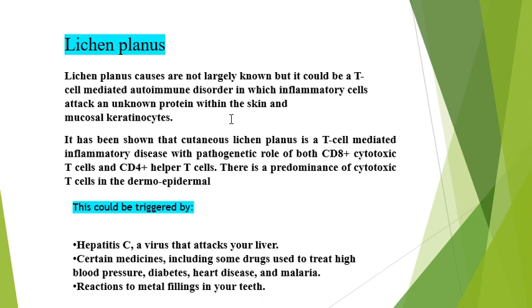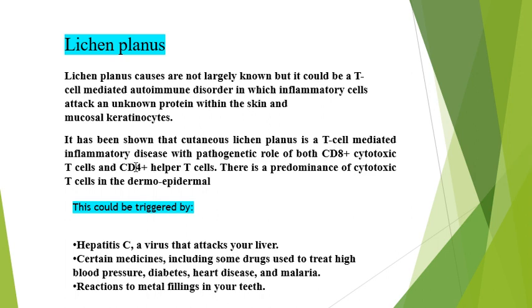So it has been shown that cutaneous lichen planus is a T cell mediated inflammatory disease with a pathogenetic role of both CD8 cytotoxic T cells and CD4. CD8 cells require cytokines to get recruited and activated, and these most probably come from CD4 or T helper 1.